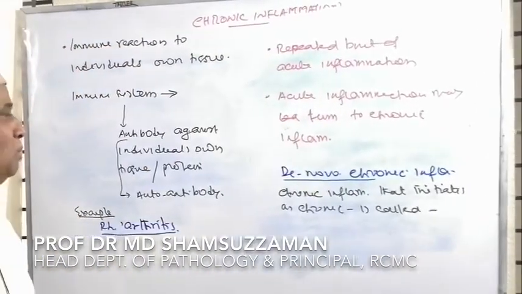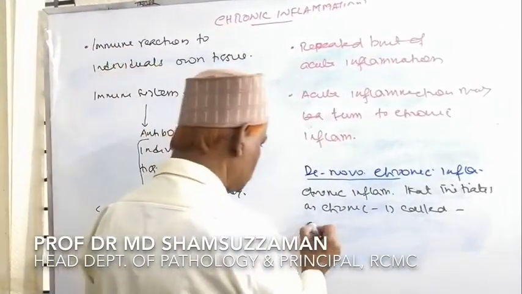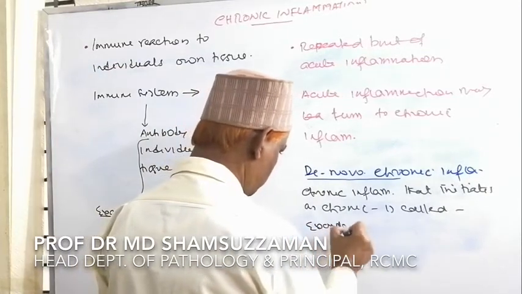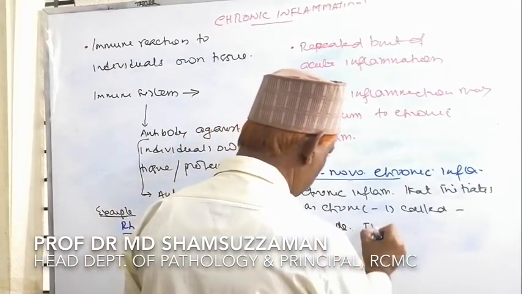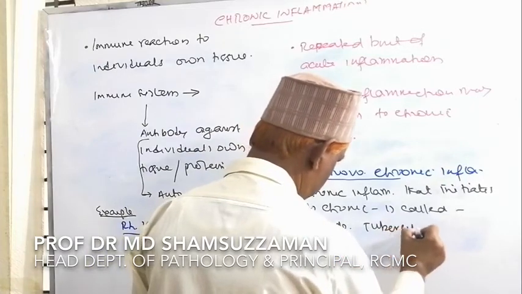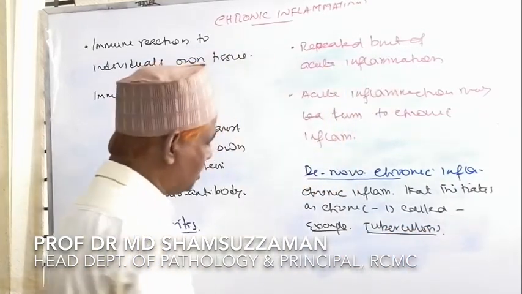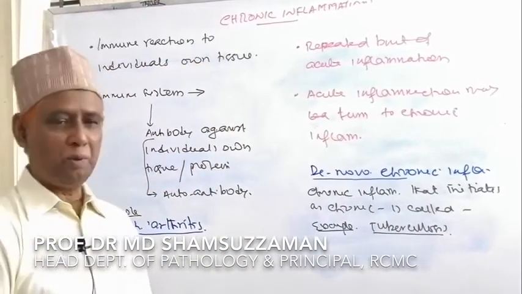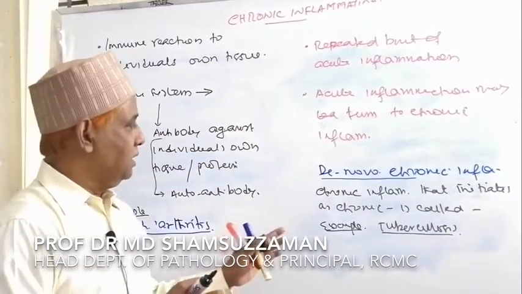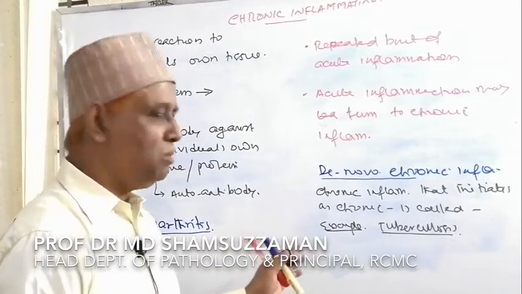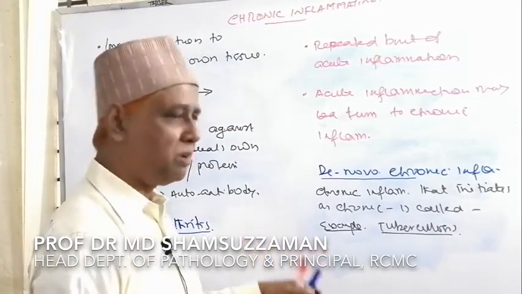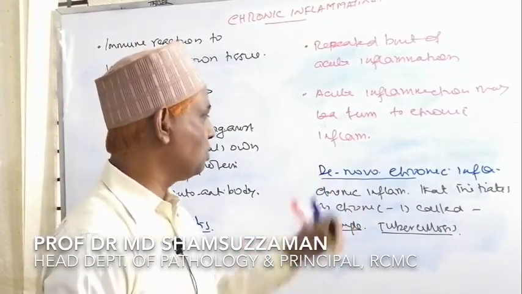An example of de novo chronic inflammation is tuberculosis. Tuberculosis, either extrapulmonary or pulmonary, caused by Mycobacterium tuberculosis, is not initiated as acute, rather it initiates as chronic. So this is an example of de novo chronic inflammation.